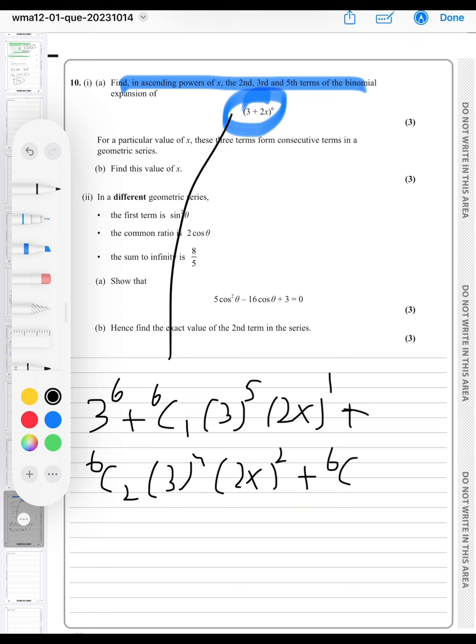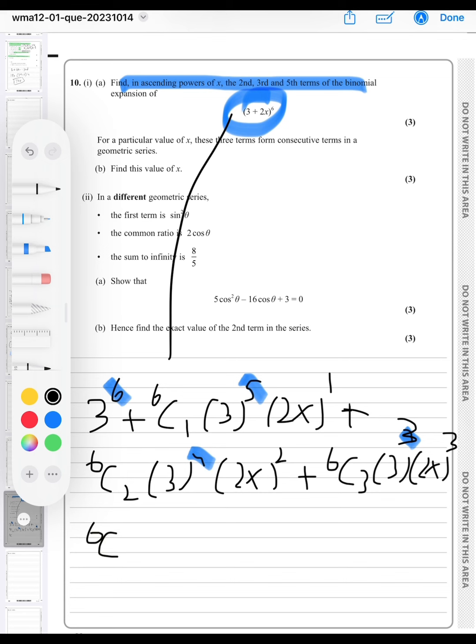Then the fourth term, 6c3 3 to the power of 3, 2x cubed.